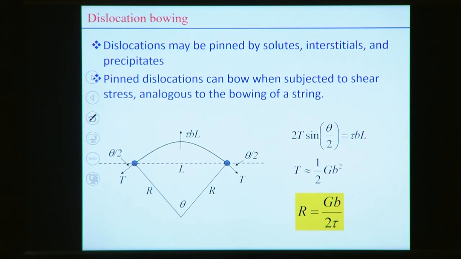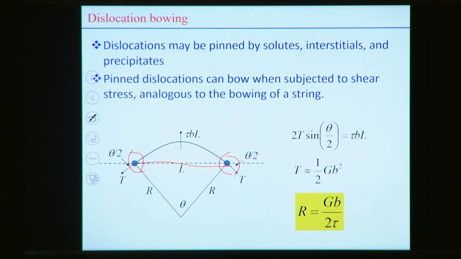Now if we consider one small segment pinned between two points, which can come from solutes, interstitials, or precipitates, and it is subjected to some amount of shear stress, then it will try to bow like a string. So the deformation can be represented as the bowing of this dislocation like a string.